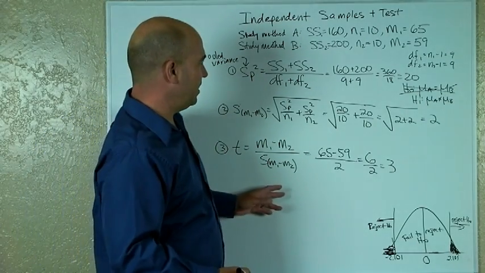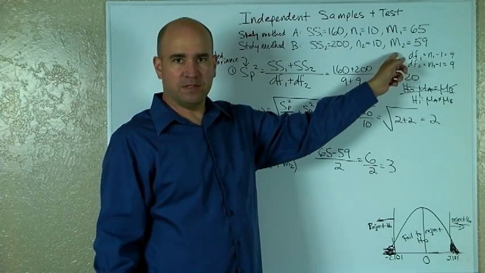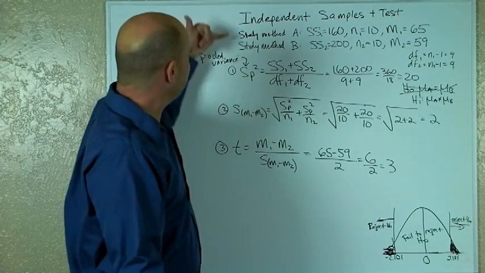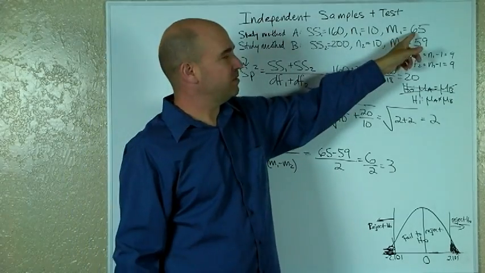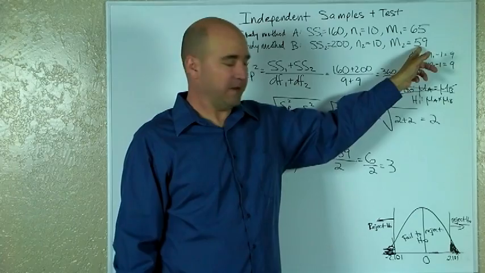Okay, so if the means are not equal, I look at these two sample means to see which group was higher. So notice that study method A with a sample mean of 65 is higher than study method B with a sample mean of 59.